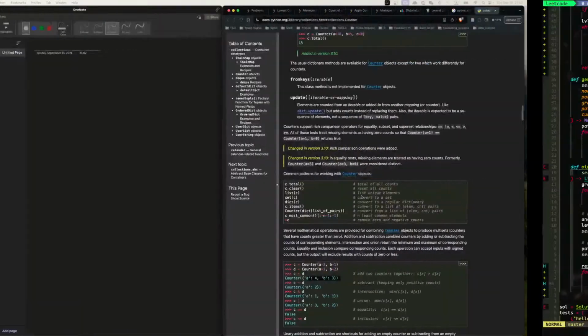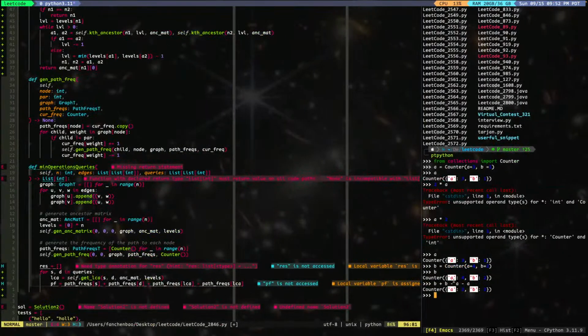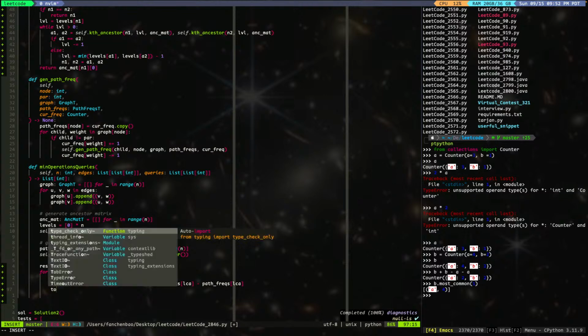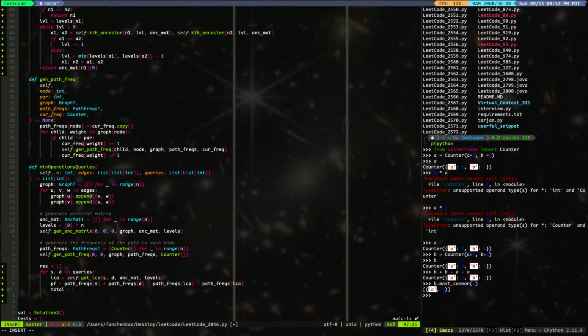Then we'll have the most frequent. I say be the most common one. So we get the most common, and I need a sum. So I need a total, right? This is the total edges.